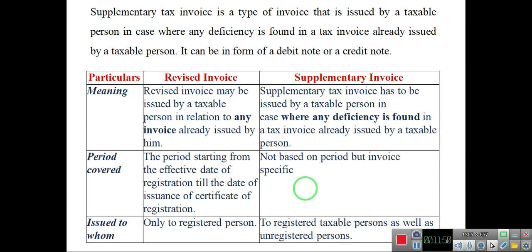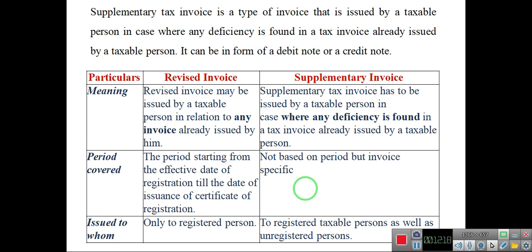What is the difference between the revised invoice and supplementary invoice? Revised invoice may be issued by a taxable person in relation to any invoice already issued by him. The supplementary tax invoice has to be issued by a taxable person in case where any deficiency is found in a tax invoice already issued by a taxable person.